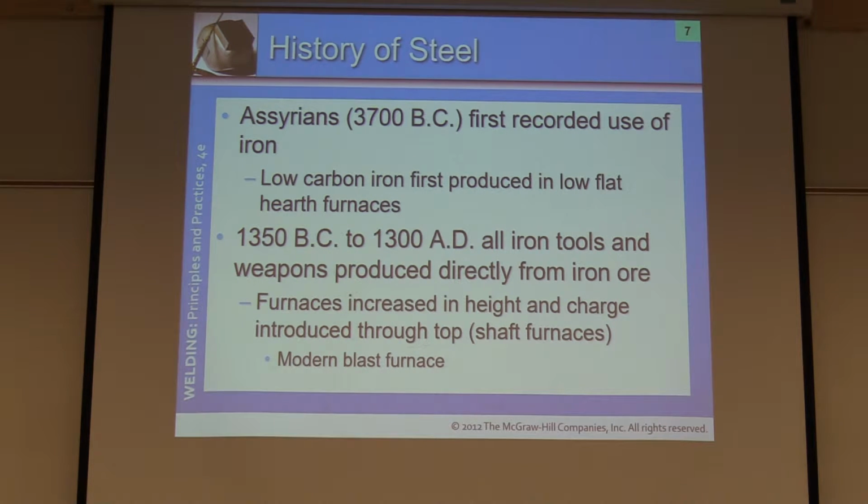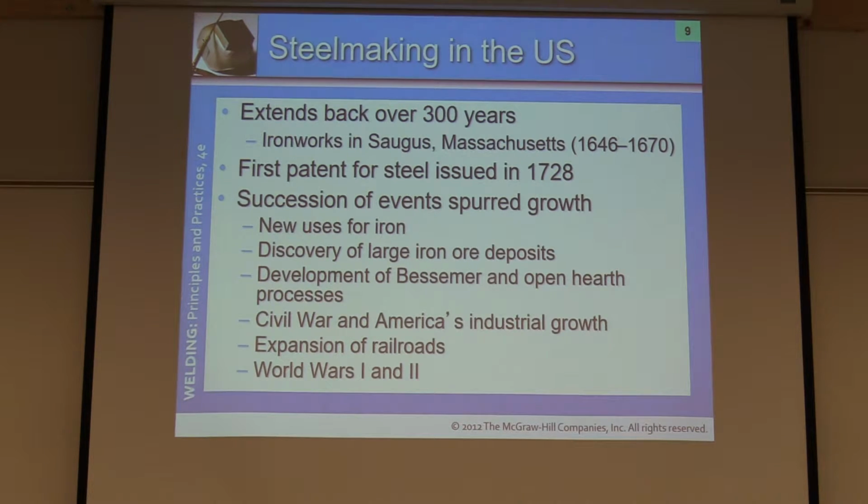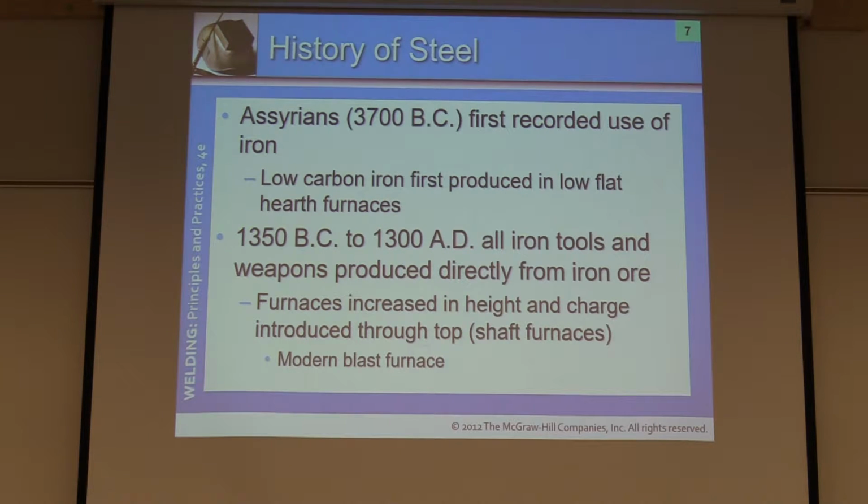Okay, let's go back to the book. Left-hand column, page 35, second paragraph below history of steel. The very end of that paragraph, the sentence starts out, the modern blast furnace is a shaft furnace. I don't know if this has pictures or not. We will get into that.